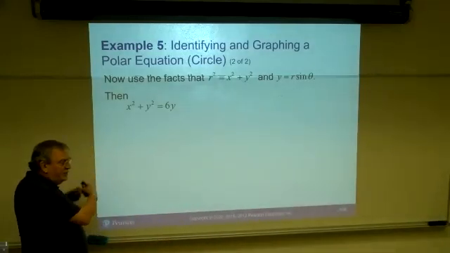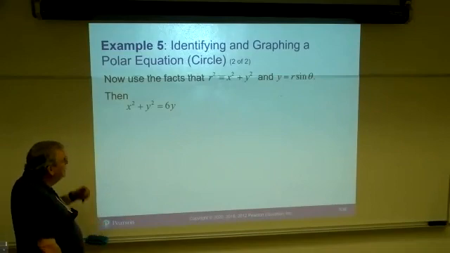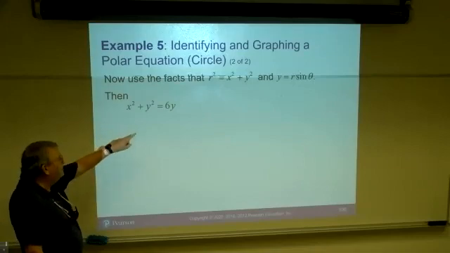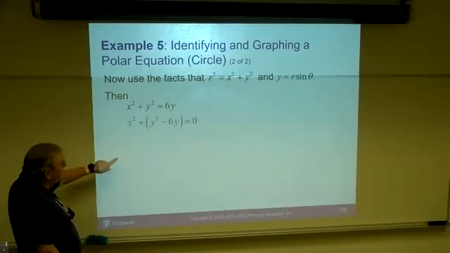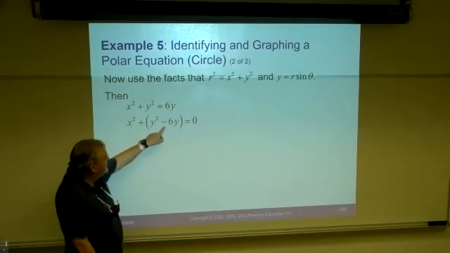And then we do the same thing we did before, which is complete the square. So we're going to subtract 6y from both sides. And then we're going to complete the square here.